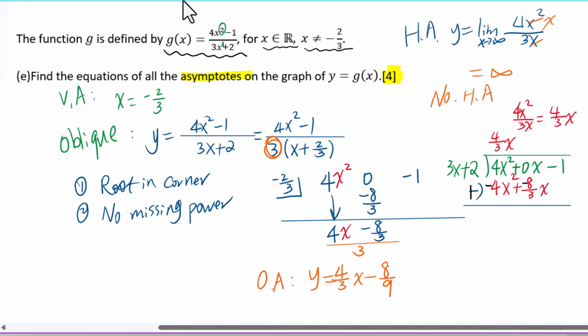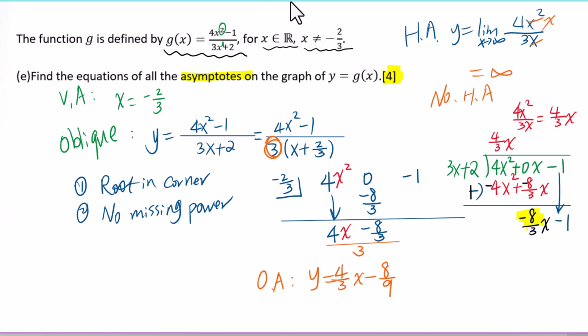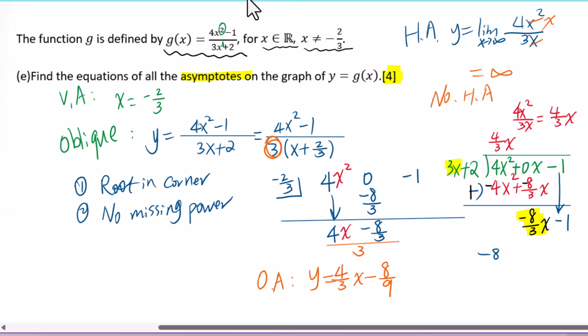Then we add negative 8 over 3x. Bring down this minus 1. This time, leading term is this and this. Negative 8 over 3x divided by 3x equals negative 8 over 9.